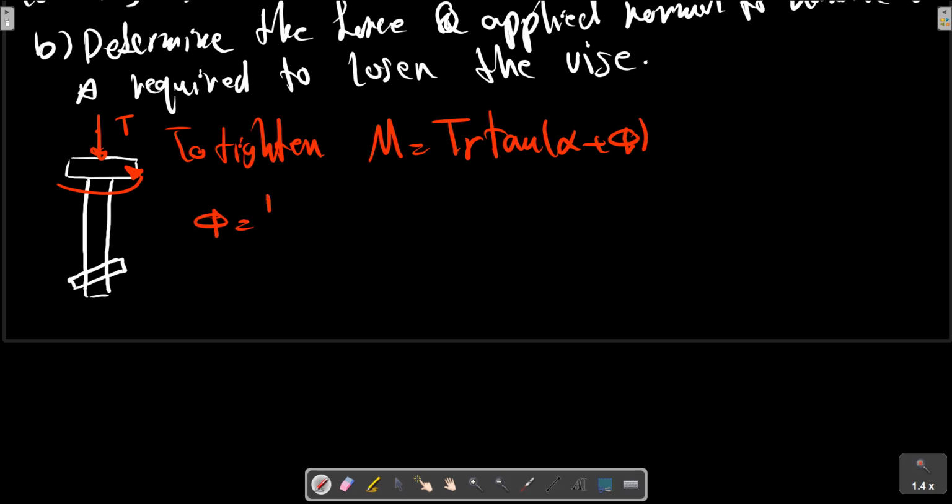Phi is the tangent inverse of mu s, because R has 2 phi and we have an alpha here. This is alpha, the thread angle, and alpha is L on 2 pi R.